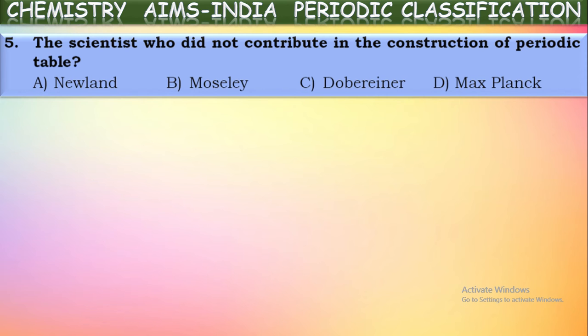What about Dobereiner? Dobereiner also gave his contribution in the form of triads. He tried to classify the elements in the form of triads. What about Max Planck? Max Planck gave his contribution in the quantum theory of radiation, but not in the classification of elements. So the scientist who did not have a contribution was Max Planck.